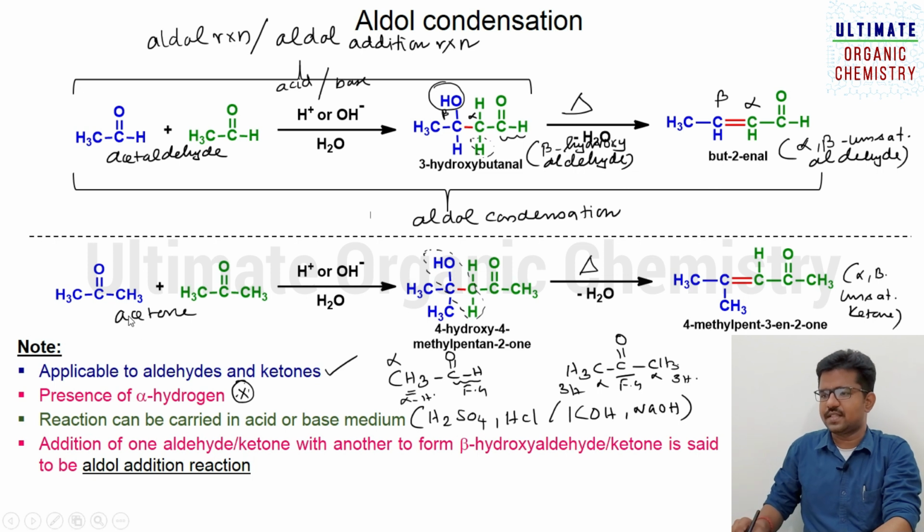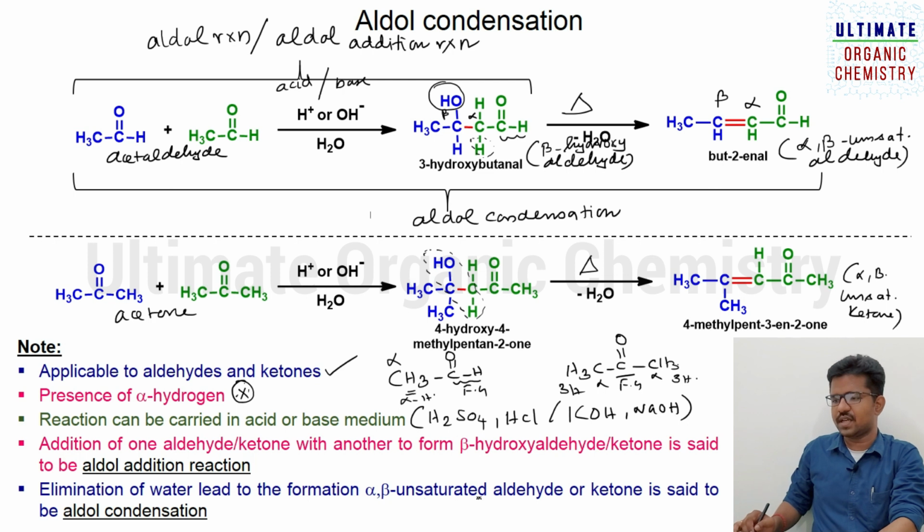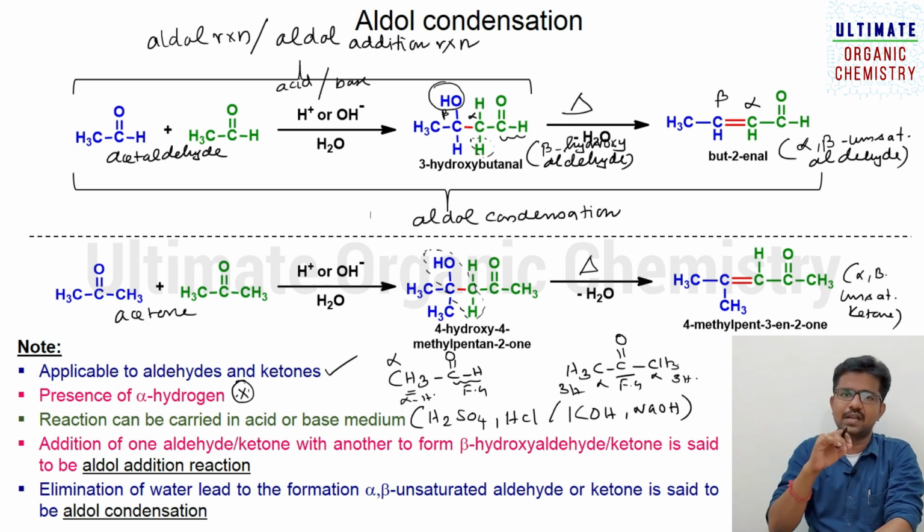That means the first step which I discussed, when one mole is added, is called the aldol addition reaction. Okay, but finally the elimination of water leads to alpha beta unsaturated aldehyde or ketone, which is said to be the aldol condensation reaction. Okay, so the first step is called aldol reaction, the overall step is called aldol condensation.